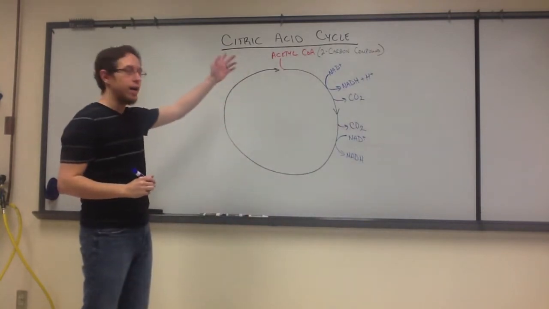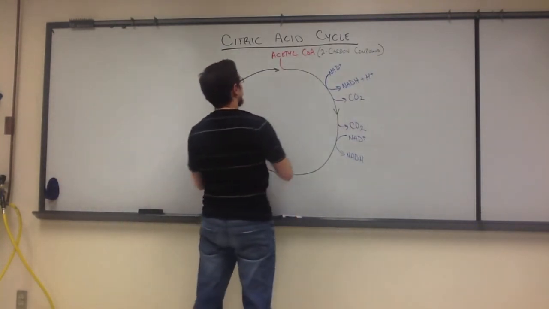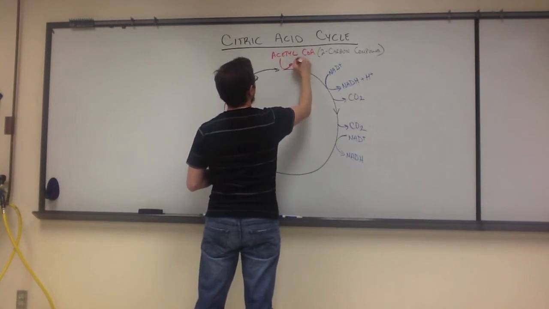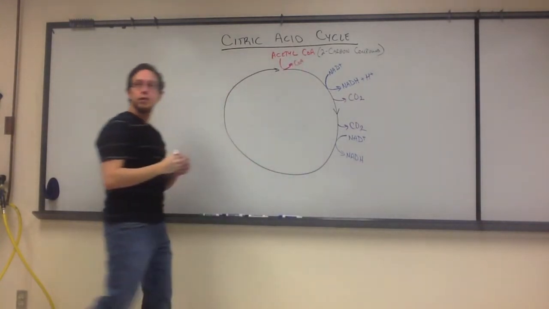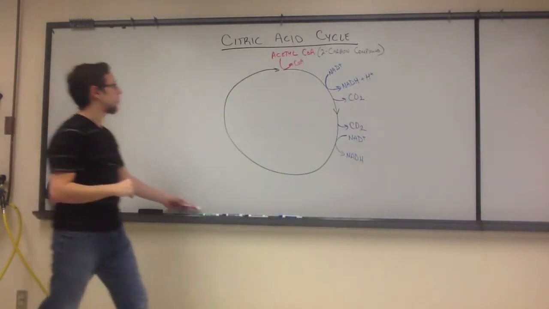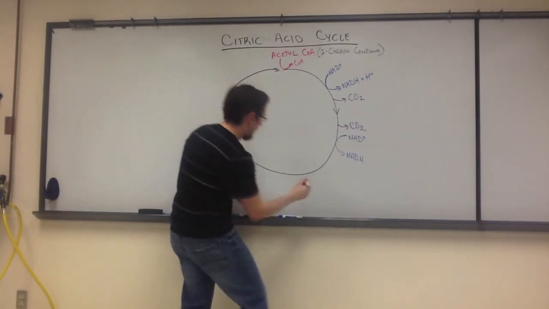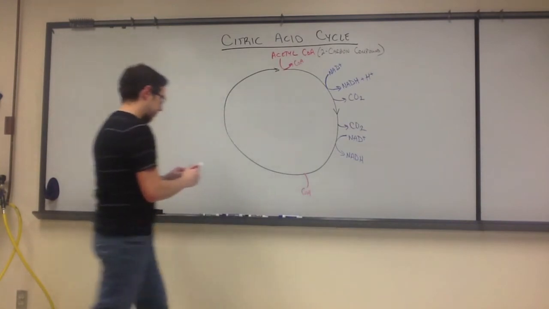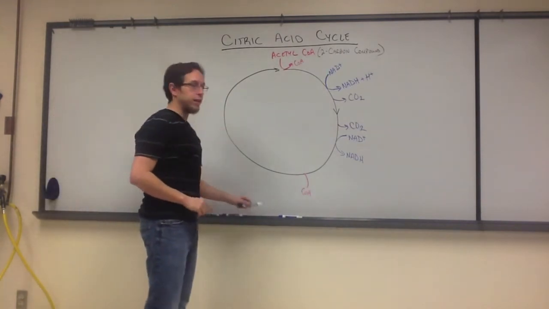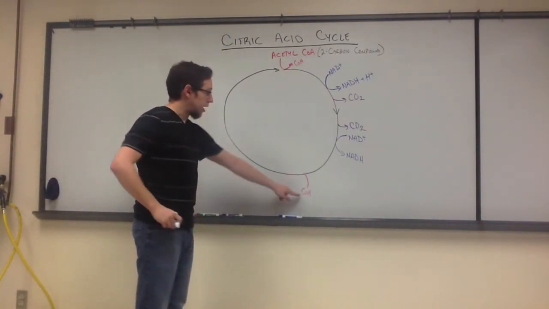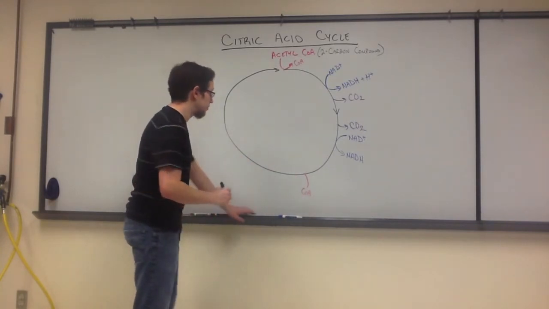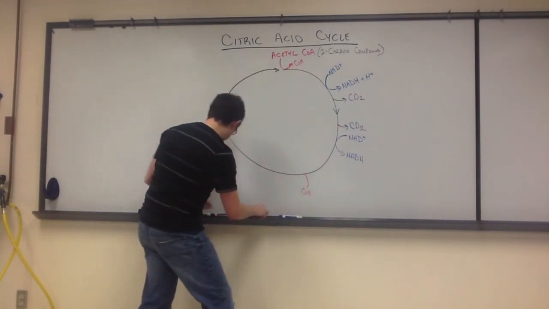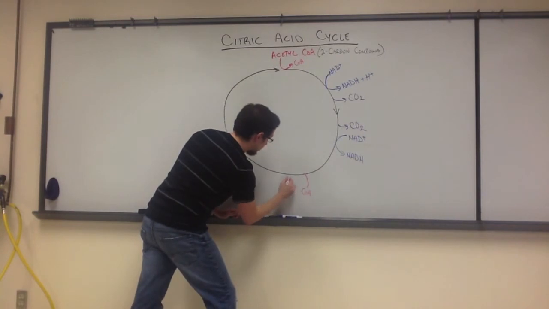Okay, we're going to see CoA pop back in, because once we entered the cycle, coenzyme A was released from acetyl-CoA. It's going to come back into the cycle here, and ultimately form an intermediate where CoA will be replaced by a phosphate group, and through substrate level phosphorylation, we're going to generate a molecule of ATP from ADP.